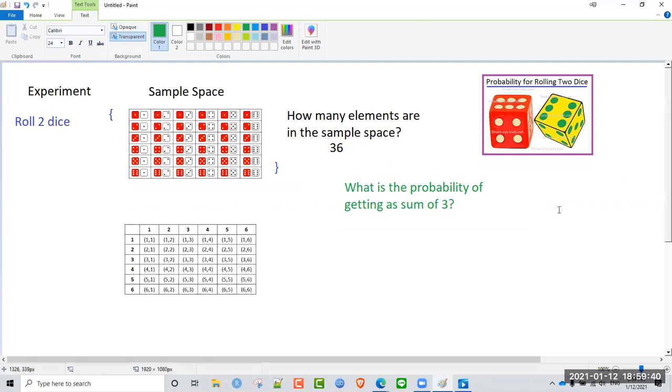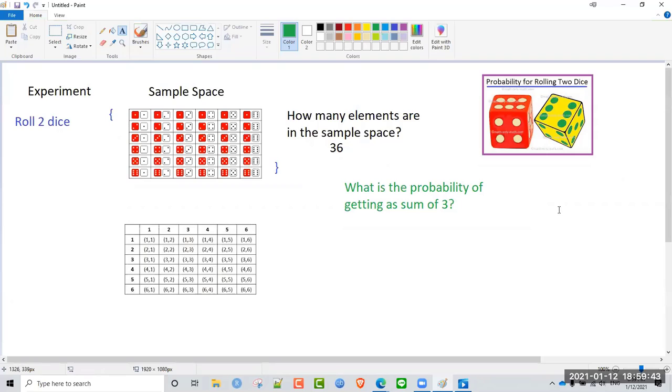Okay, so there's a probability question. It says, what is the probability of getting as a sum? That's not very good English, is it? It should be a sum. What is the probability of getting a sum of 3?